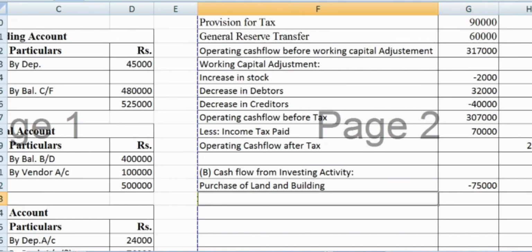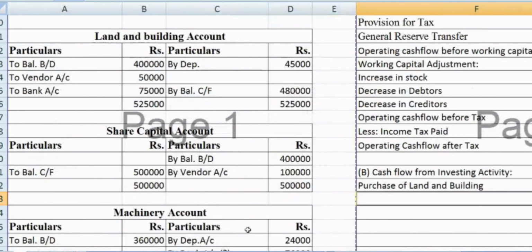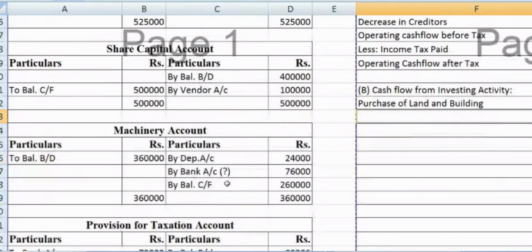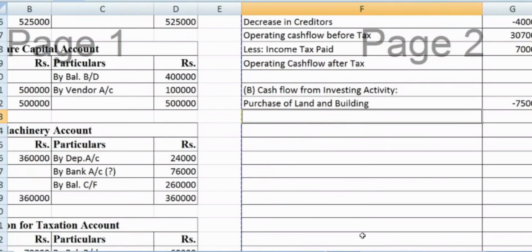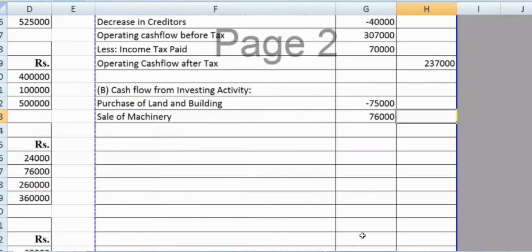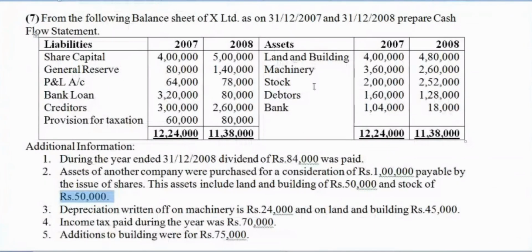Next, in machinery, yes, this one is 76,000 is sale of machinery. So here we write sale of machinery. This is 76,000 plus. Okay, anything else? और कुछ है क्या? Land and building or machinery.